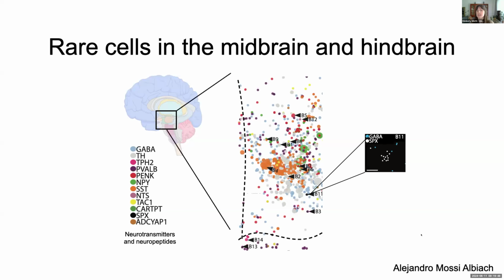So we wondered a lot about what this group of cells was really representing. And a student in Sten Linnarsson's group, Alejandro Mossi, did some work profiling some of these regions using single molecule FISH. And he pointed out that when he was profiling some of these neurotransmitters and neuropeptides, sometimes he would only find a neuropeptide like this one in only one cell or a few cells in the section that he was in, suggesting there are some very rare cell types in these brain regions.